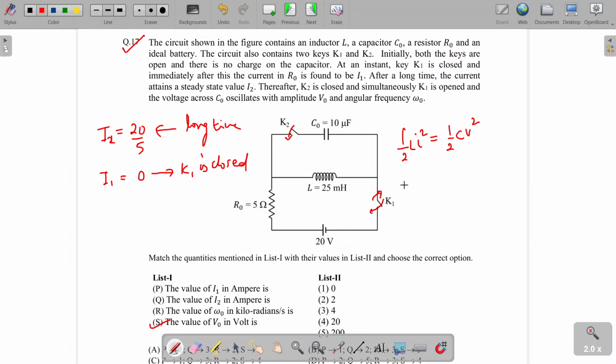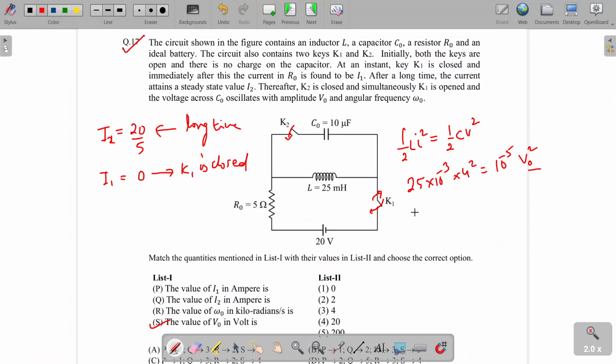The inductance of the circuit is 25 times 10 to the power minus 3. Current finally is 4. Capacitance is 10 to the power minus 5. And final voltage is V naught, which we are looking for.